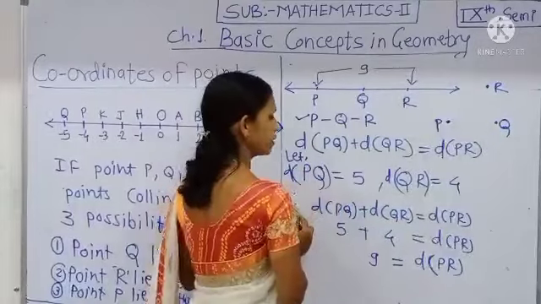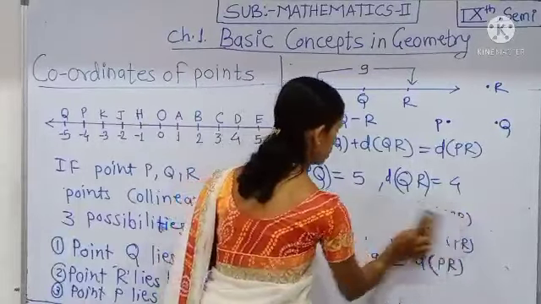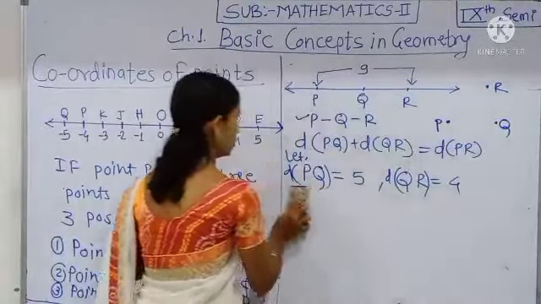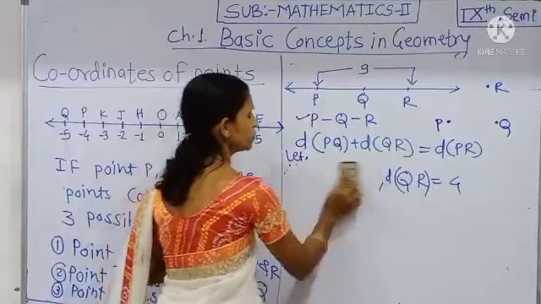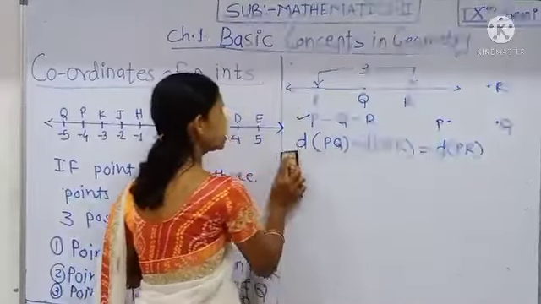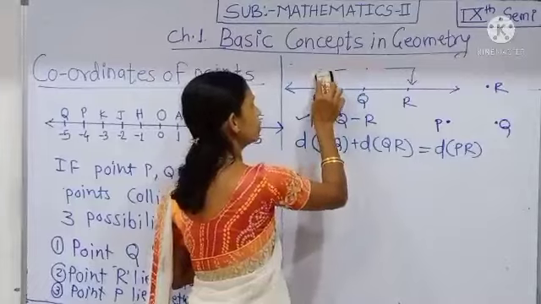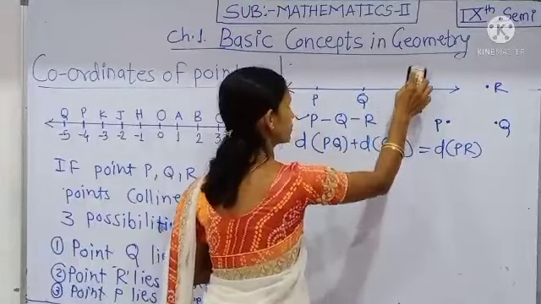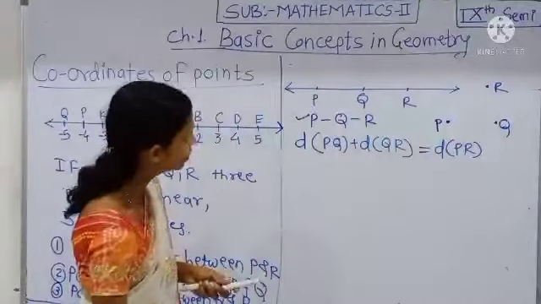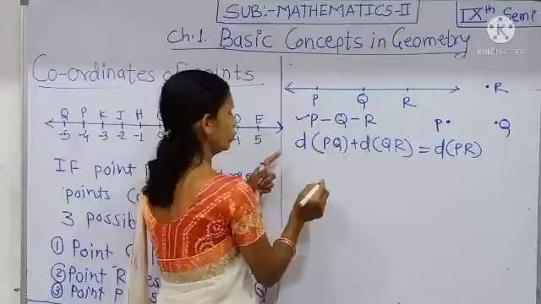If the distance between P and R is given, and the distance between QR is also given, then we can determine the distance between PQ.